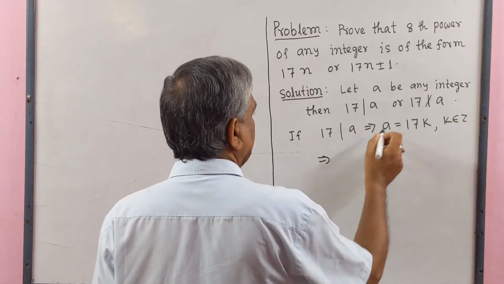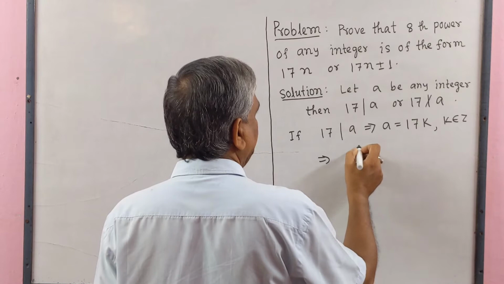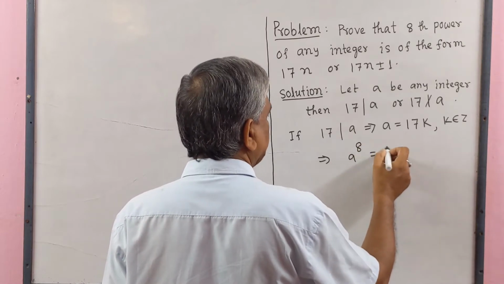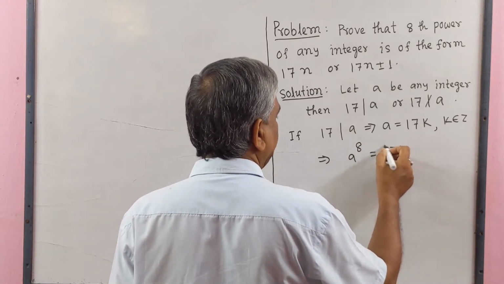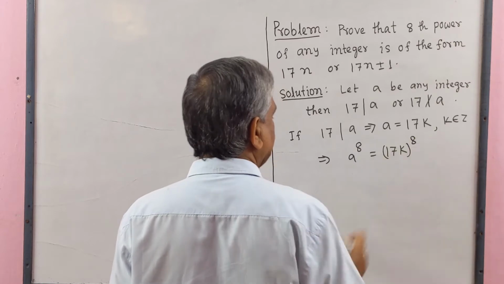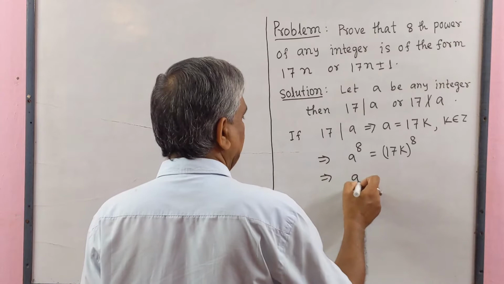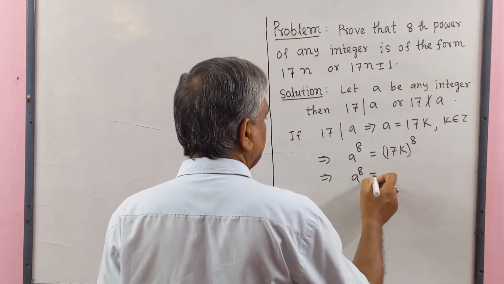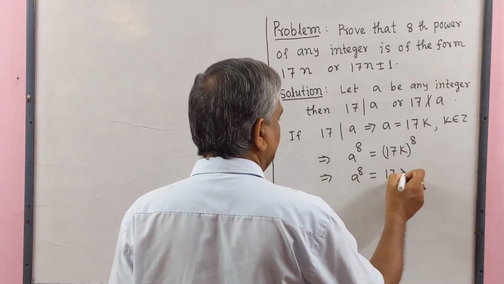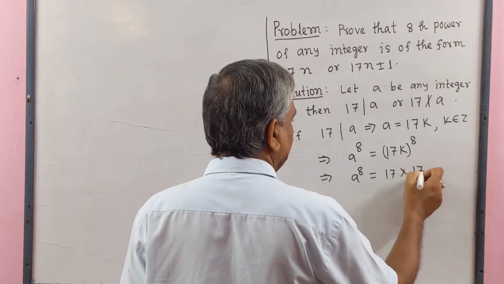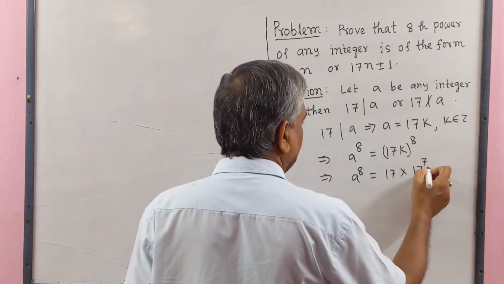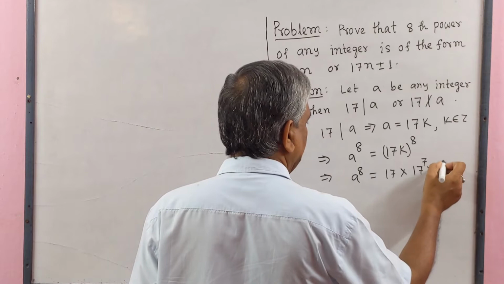Implies that a to the power 8 equal to 17k to the power 8. Implies that a to the power 8 equal to 17 multiply 17 to the power 7 multiply k to the power 8.